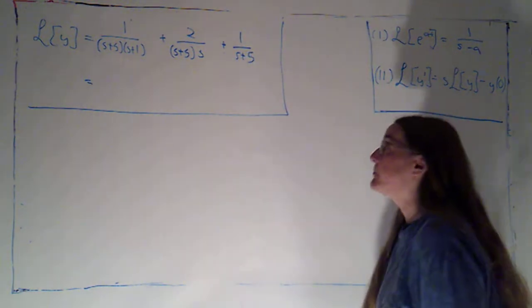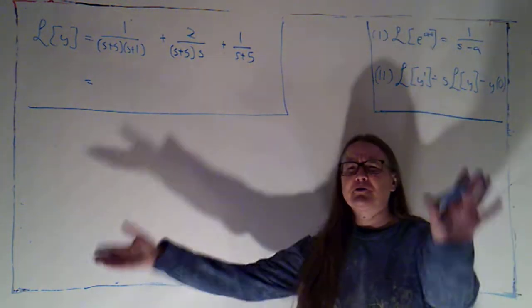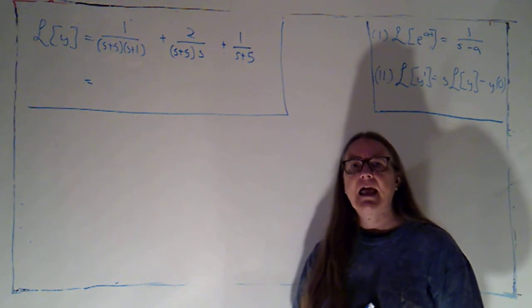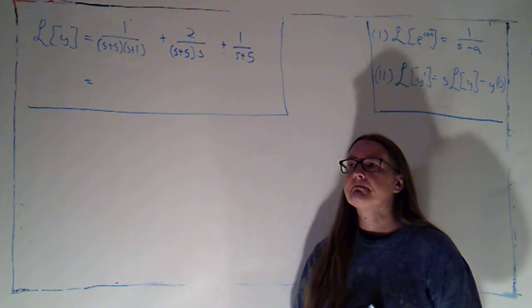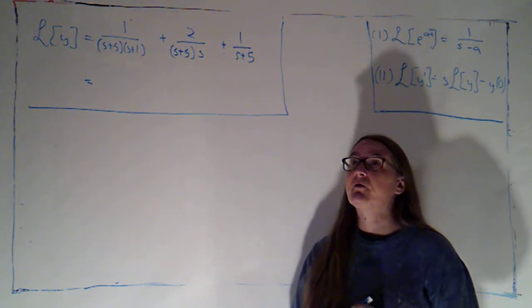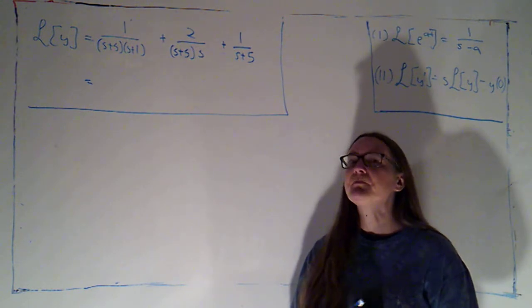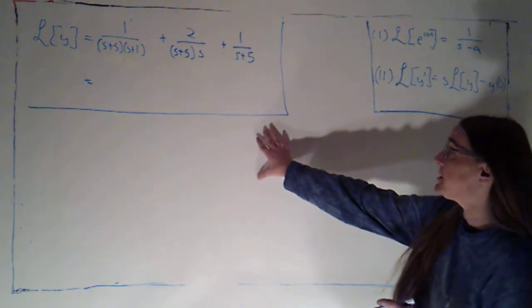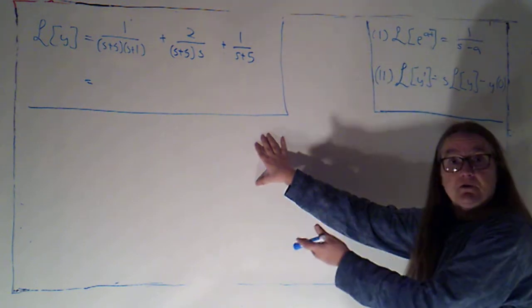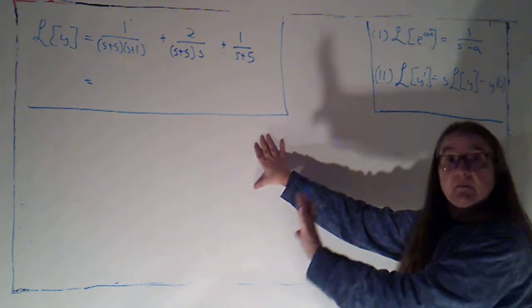Okay. So, some of you might say, oh yeah, I remember partial fractions, no problem, this is great. Others of you might say, oh, I haven't done that since 3B, don't really remember it. I think I remember that there was a thing called partial fractions. So what we're going to do is finish this problem using partial fractions. I'll just do a quick review as we work through this problem. For some of you, that's going to be plenty.